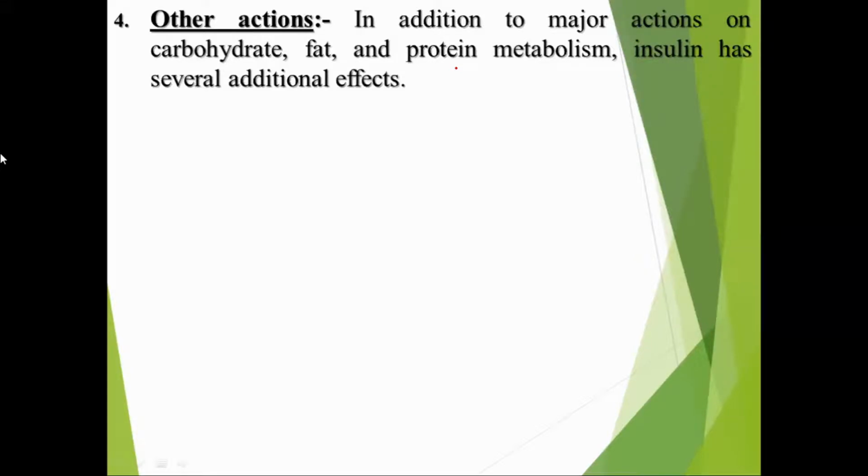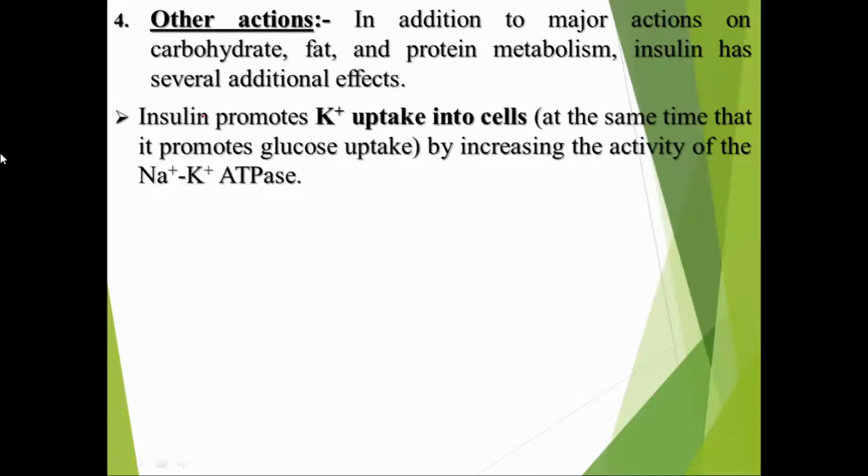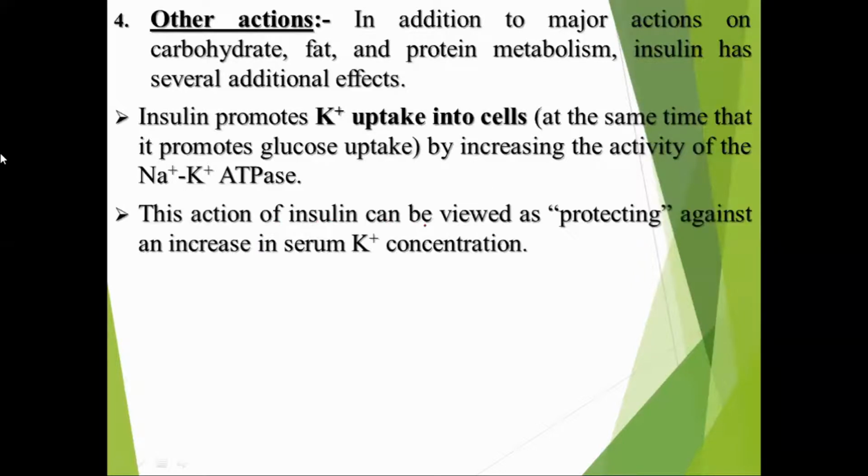Along with this, insulin promotes potassium uptake into cells, and at the same time promotes glucose uptake, by increasing the activity of the sodium potassium ATPase pump. This action can be viewed as protecting against an increase in serum potassium concentration.